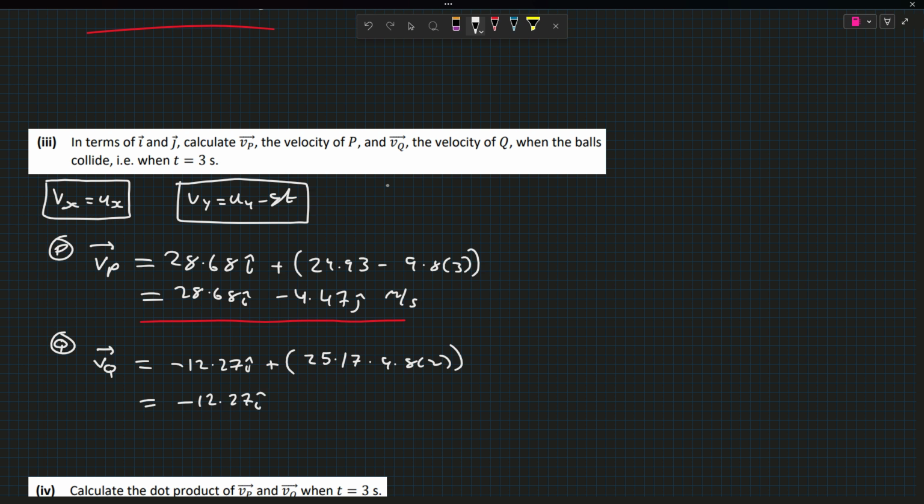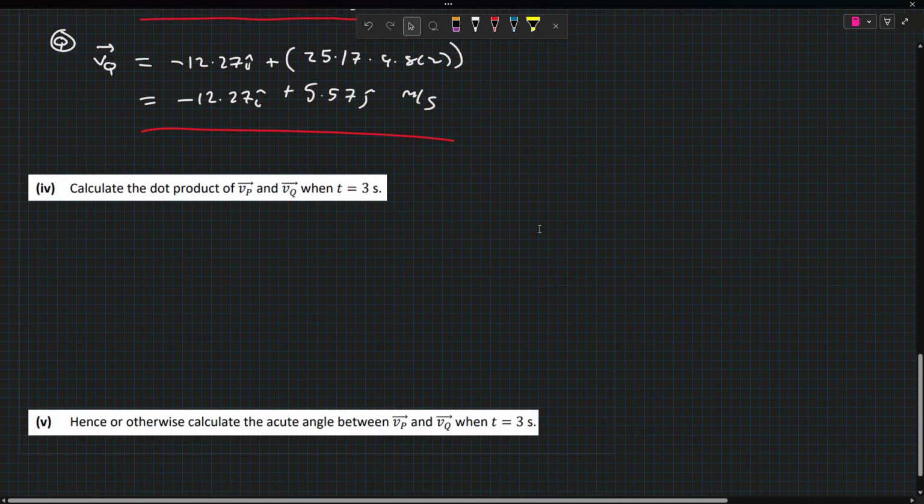Now 25.17 minus 9.8 by 2 is 5.57, so plus 5.57 j meters per second. And those are the velocities of the particles.